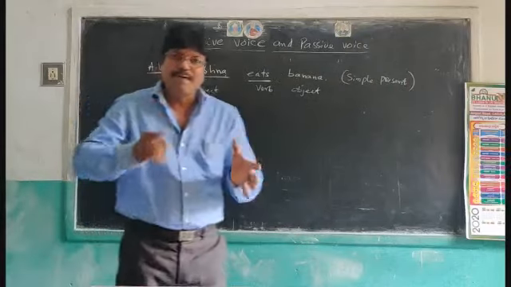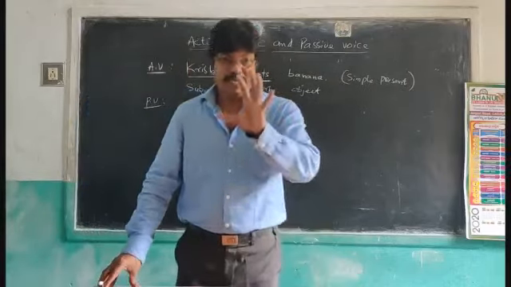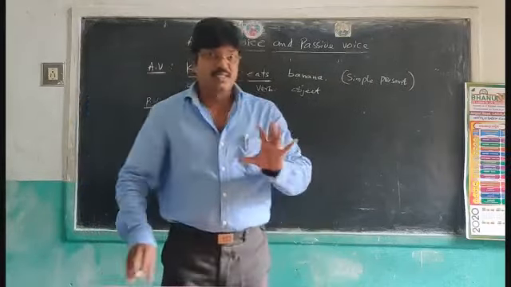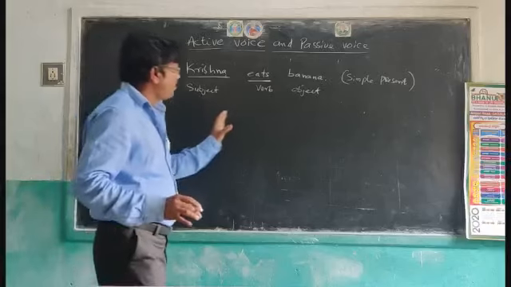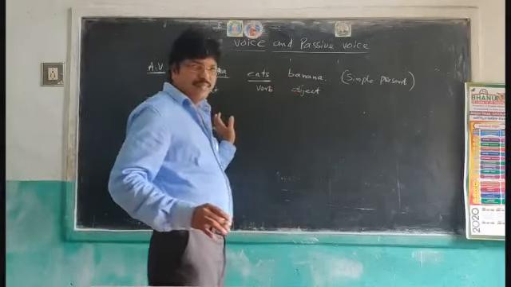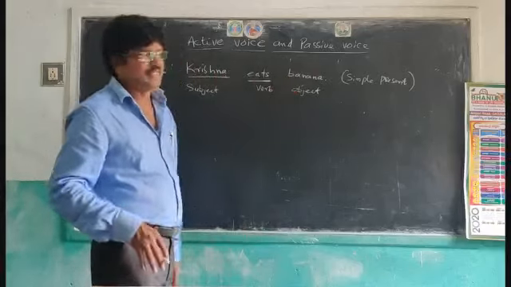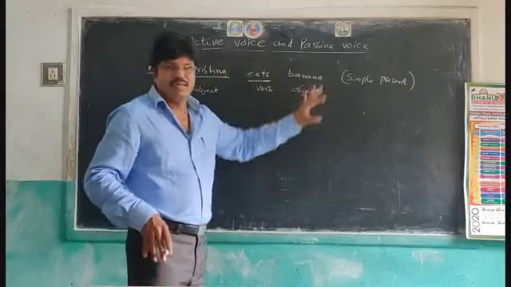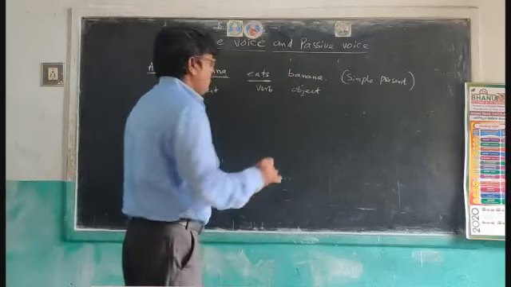To change to passive voice, observe very closely. First, change the object to subject, and the subject to object. Here banana is the object.